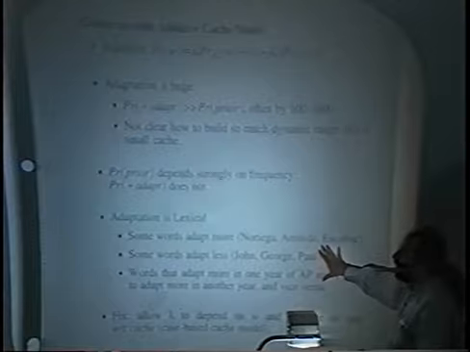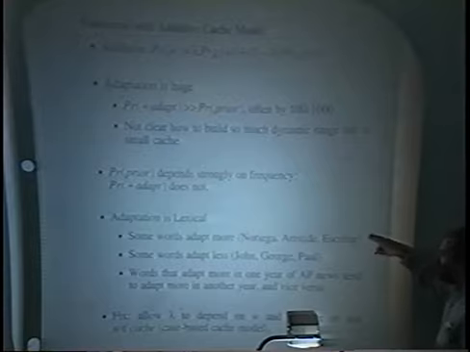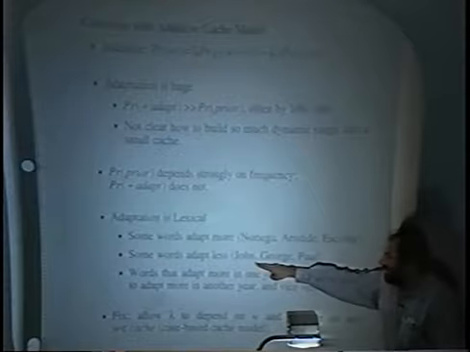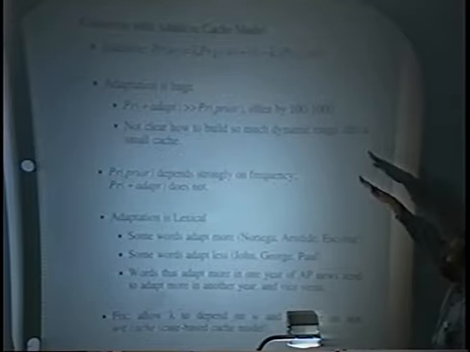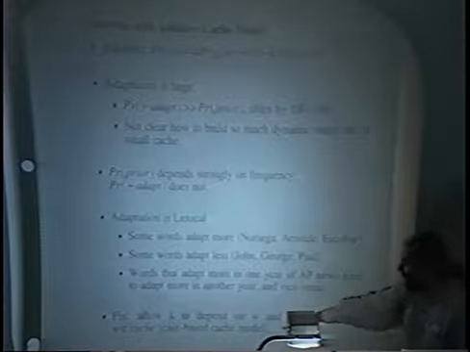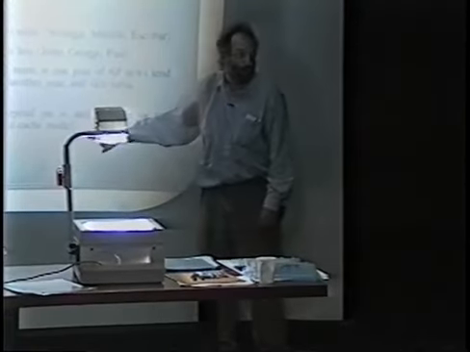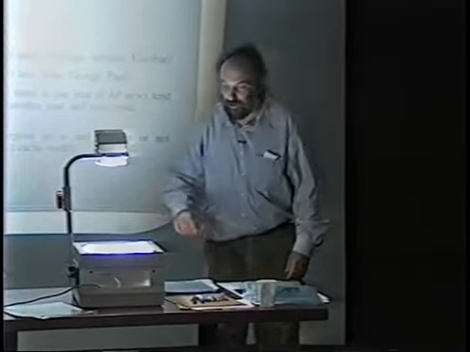This is merely 1 order of magnitude, but it's still something, that Noriega adapts more than John does. And I don't see how to build that in unless lambda somehow depends on the words. And so the fix is to allow lambda to depend on the word and whether or not the word is in the cache. And if you do all that, I think you end up with a case-based cache model, which is what I think you should end up with.